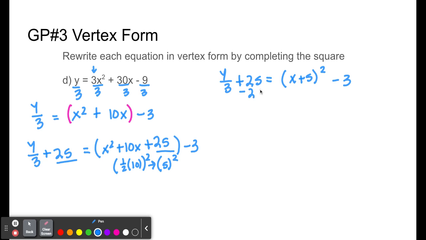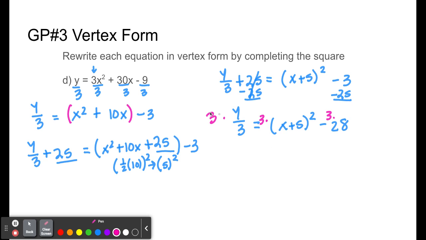Then we subtract 25 on both sides. We get y divided by 3 is equal to x plus 5 squared minus 28. Our last step is to undo that 3, so we have to multiply everything by 3.